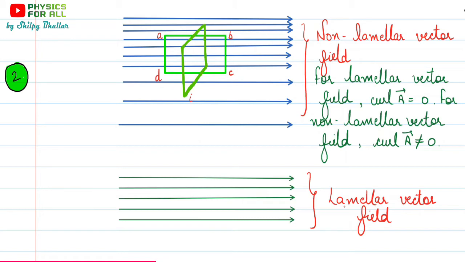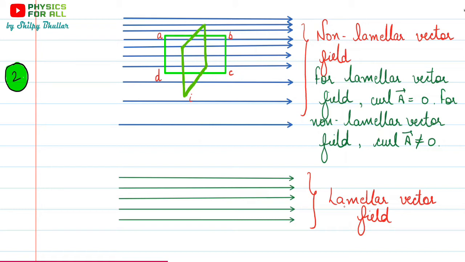So there is a high possibility for non-laminar vector fields to curl, because since they are showing different behavior, different layers arranged differently, they might curl at some place, they might not. That's the reason that whenever we try to understand the curl of a vector function, we take a non-laminar vector field. We consider a non-laminar vector field and then we say that the curl might happen or it might not happen.